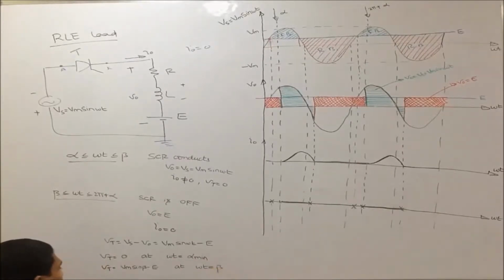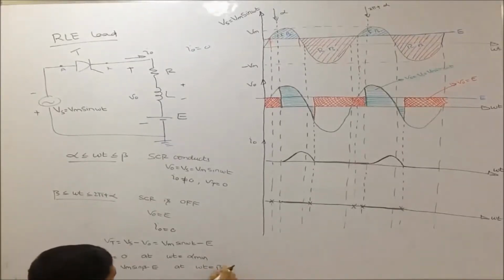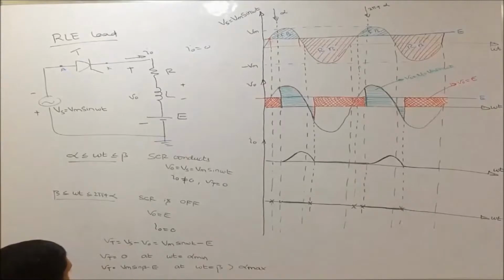This omega t, that is beta, is greater than alpha max. This expression gives you a negative value.